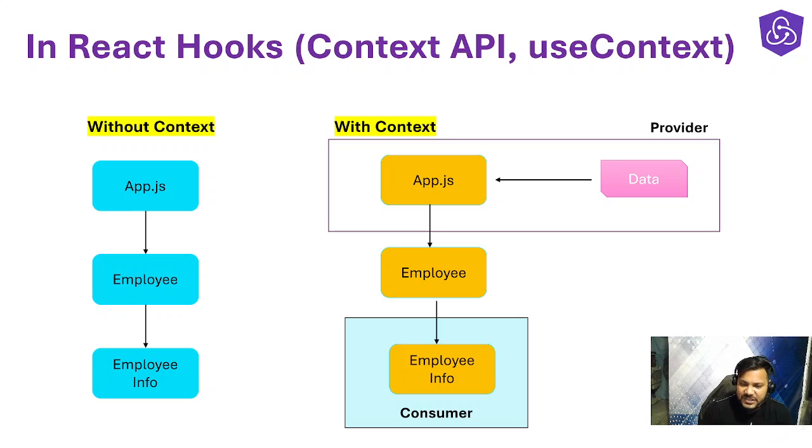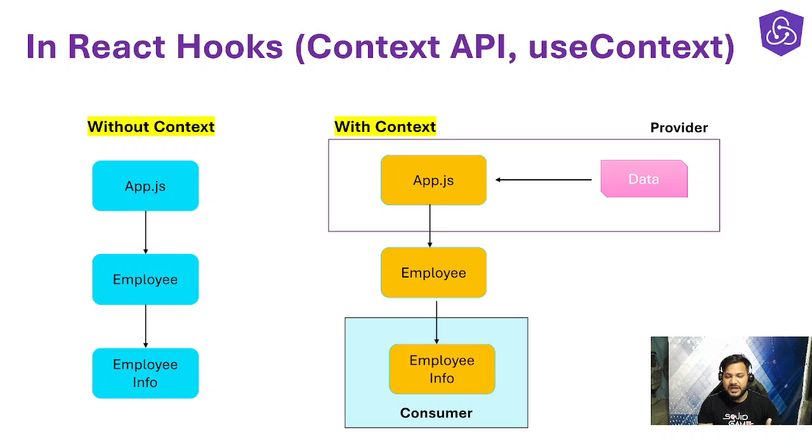But with context, in app.js we can create the provider on our application, and this provider helps us. We wrap our app.js under the provider, right, guys? The provider has the capability that whatever value we pass to it, we can pass these values throughout the components in our complete application, right?